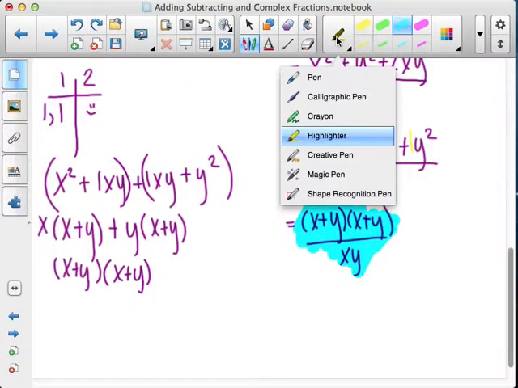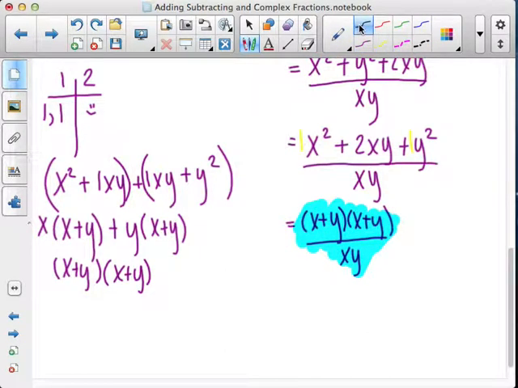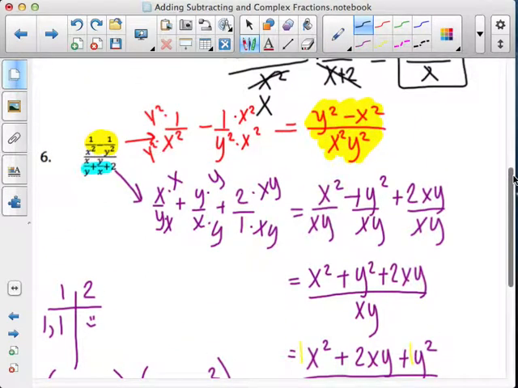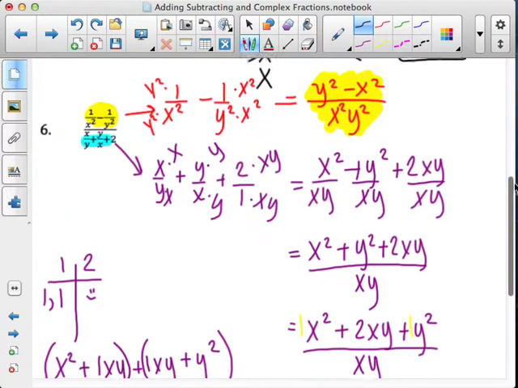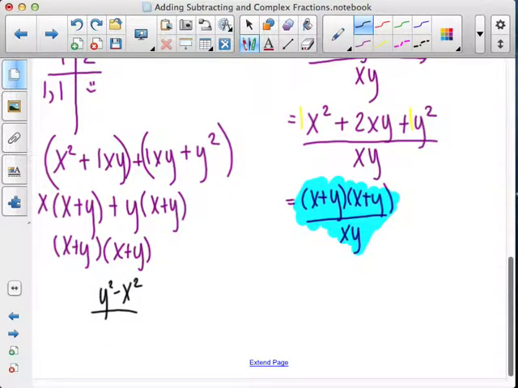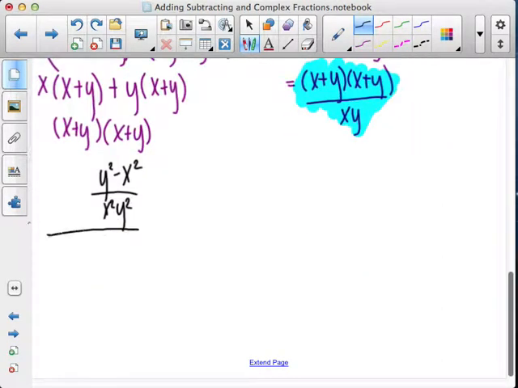So I need to rewrite them. y squared minus x squared divided by x squared y squared, all divided by my denominator, which is this blue part here. x plus y times x plus y, all divided by xy.